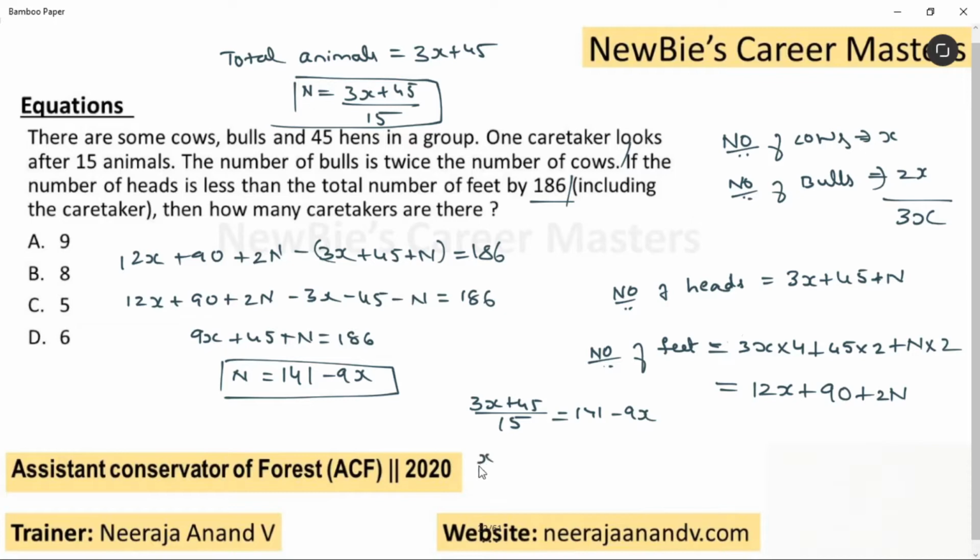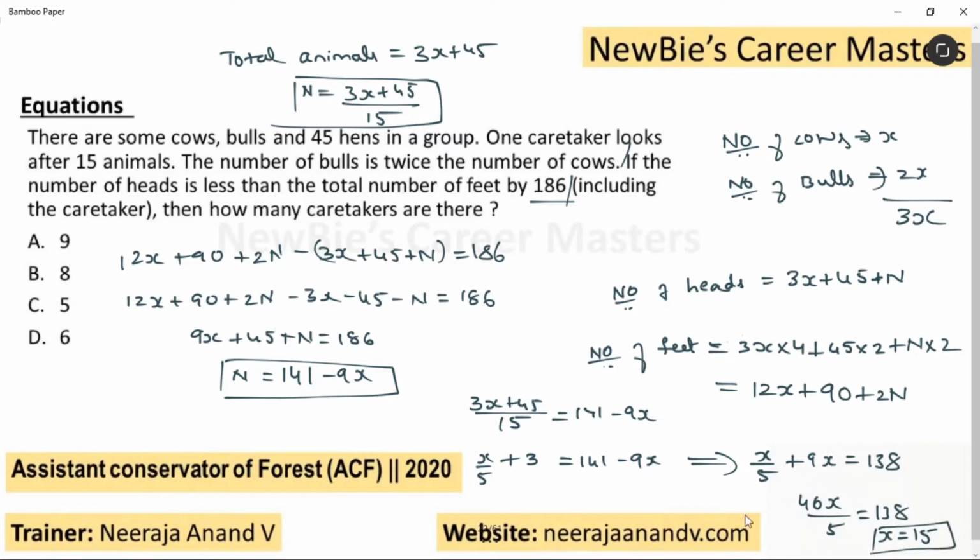This is very simple. You can write this as x by 5 plus 45 by 15, we get 3, is equal to 141 minus 9x. x by 5 plus 9x is equal to 138. What is this value? 46x by 5 is equal to 138. We get the x value as 15.